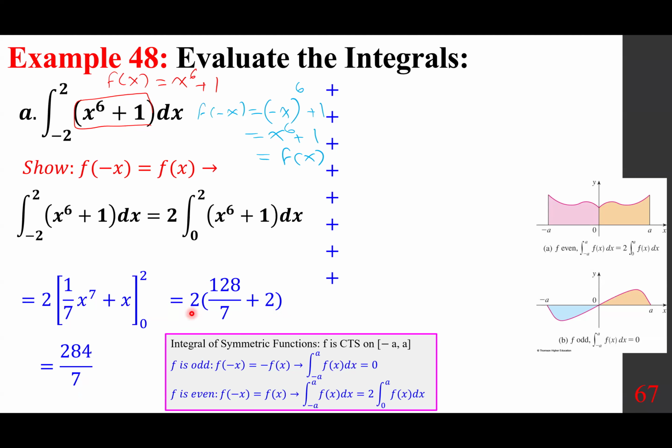Just for the sake of argument, you multiply this one by 2. You get 256. Multiply this one by 2. You get 4, or 28 over 7. That's how you arrive at this answer.